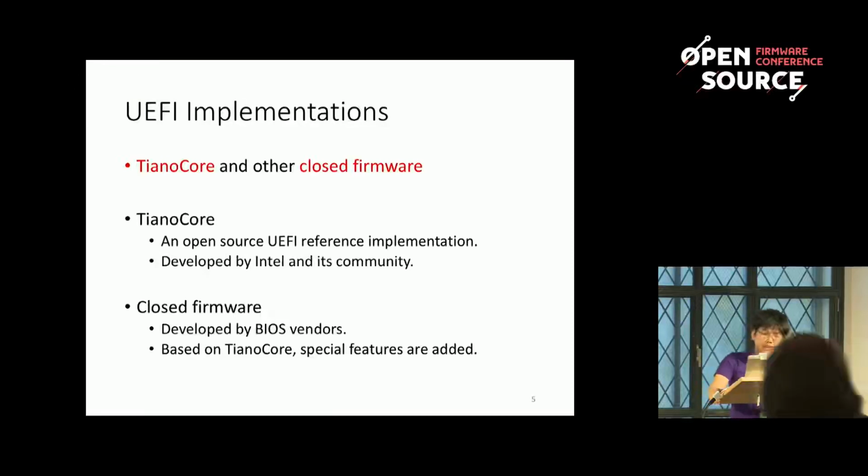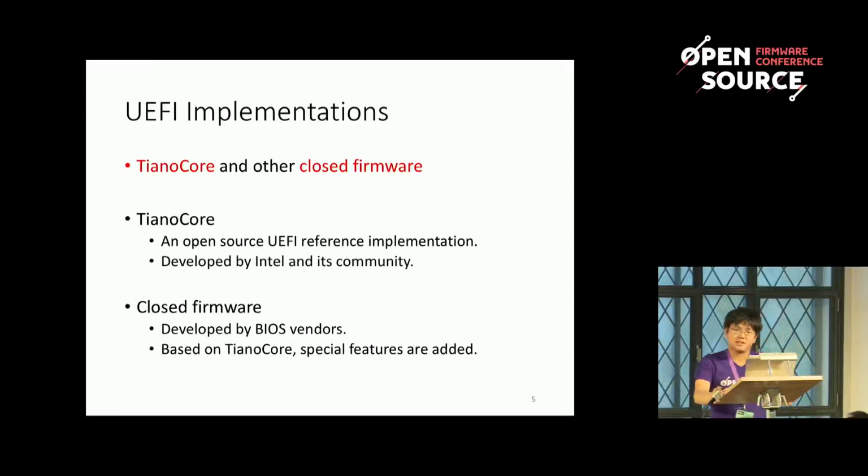Tiano Core is an open source UEFI reference implementation developed by Intel and its communities. And closed firmware is developed by BIOS vendors or mainboard vendors. And closed firmware is based on Tiano Core, adding some special features, like a fancy graphical UI or gaming support.